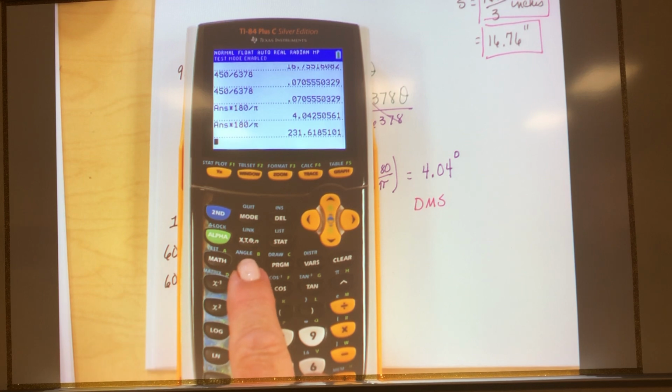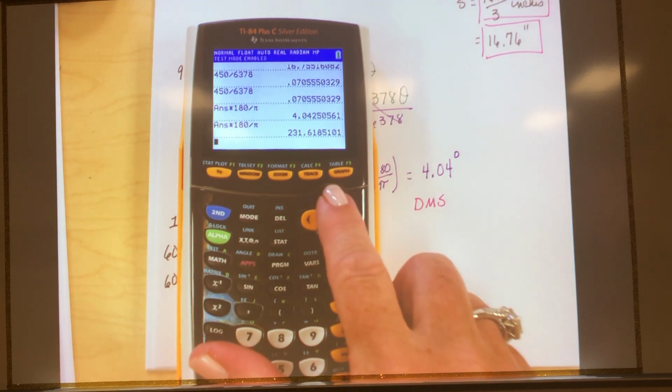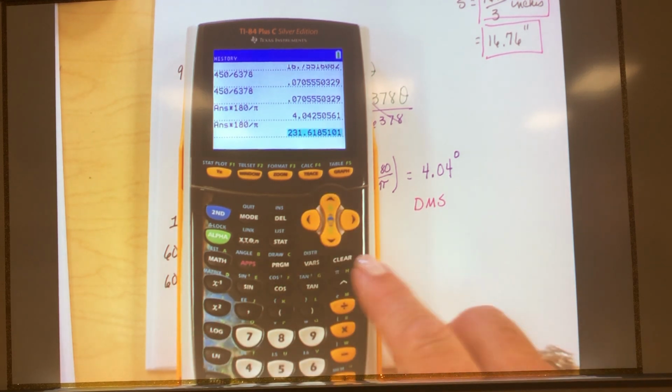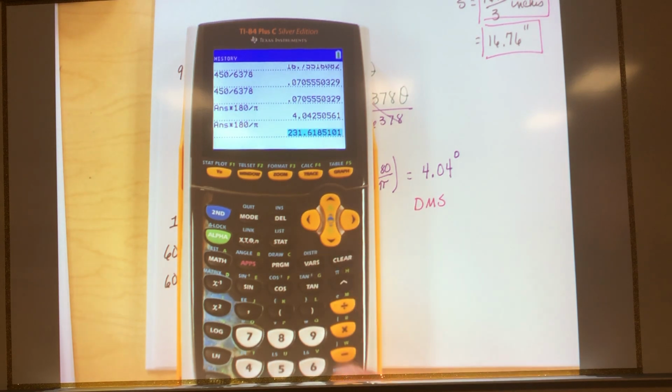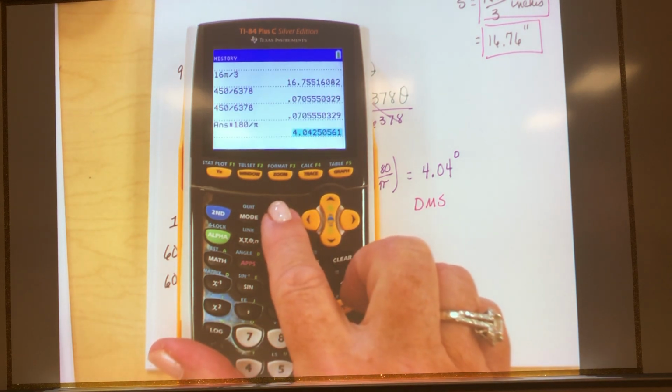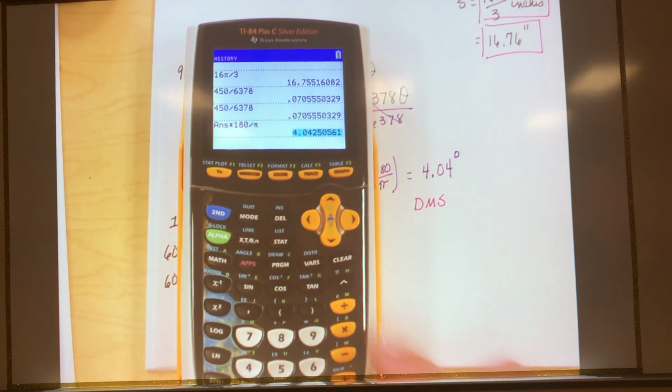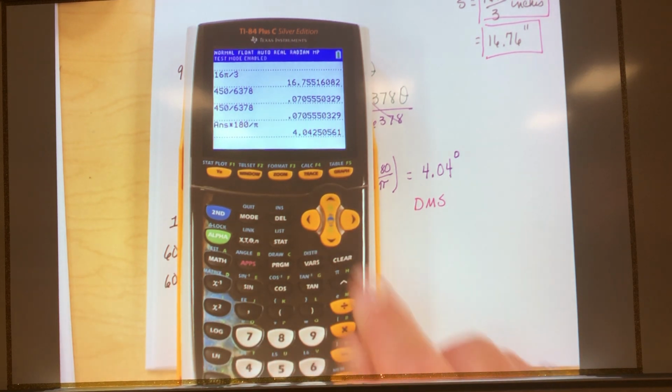It lets you do all kinds of stuff with your angles. I need to go back. Hit clear. Thank you. Okay, back where I'm supposed to be.